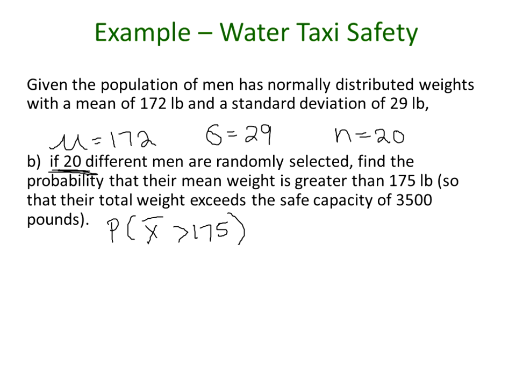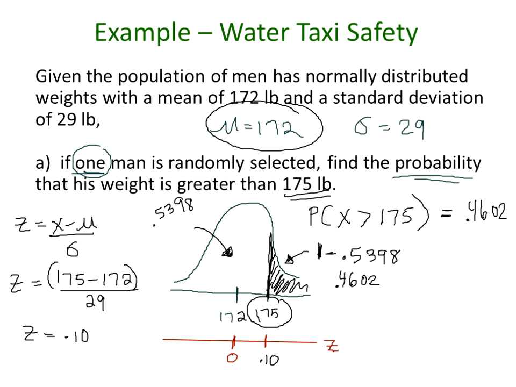So look at how that was different from before. Before, I wrote the probability that X was greater than 175. Not X bar, but X.